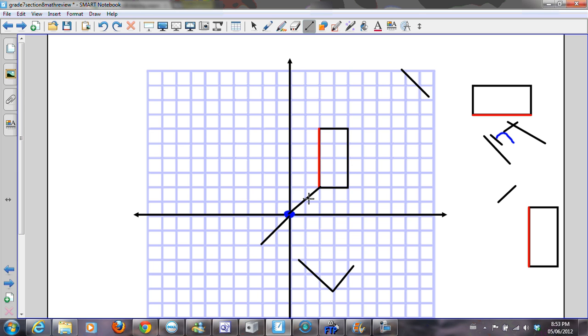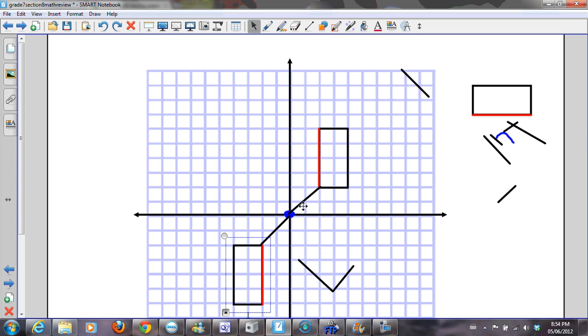And when you do that, this red line, if I rotate it completely 180 degrees, he's going to end up like that. So that is a 180 degree rotation. But remember, it's still connected to this one right here. So that's what it'll look like with a 180 degree rotation.